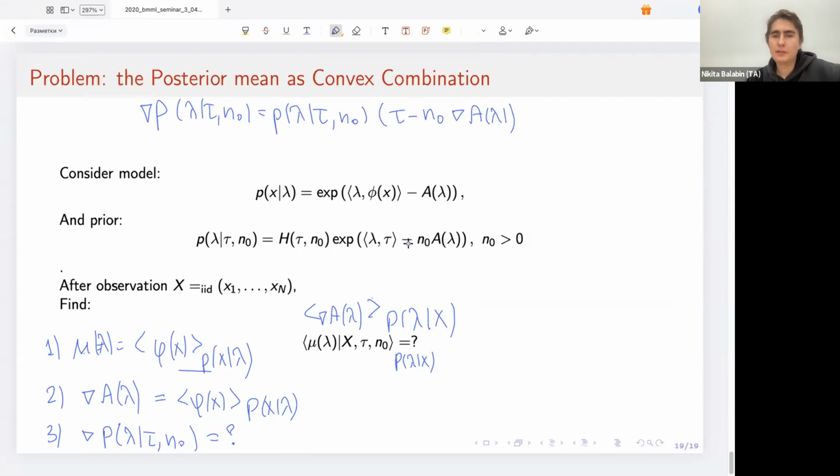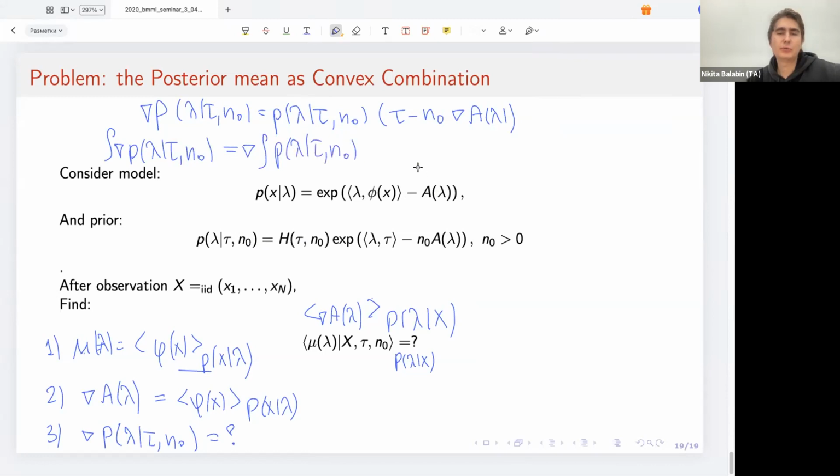Okay, and what should we do next? Let's think: if we integrate this gradient, what do we have? Since our density is a very nice function, we can just extract the gradient out of the integral.